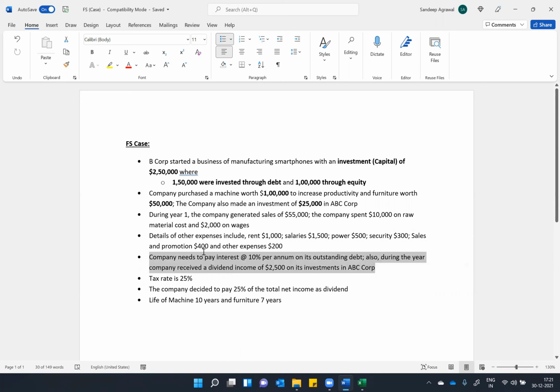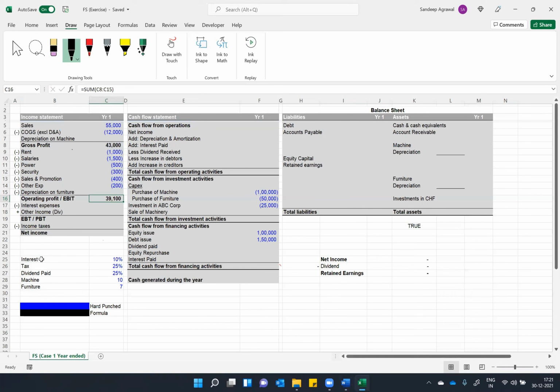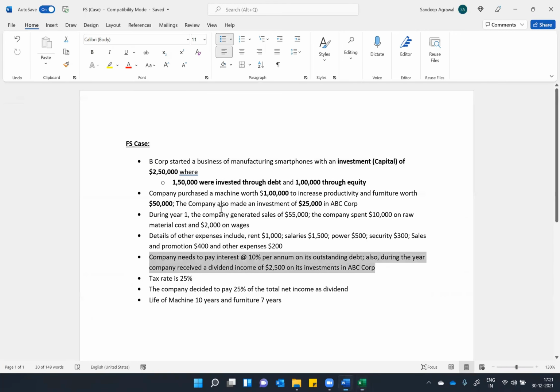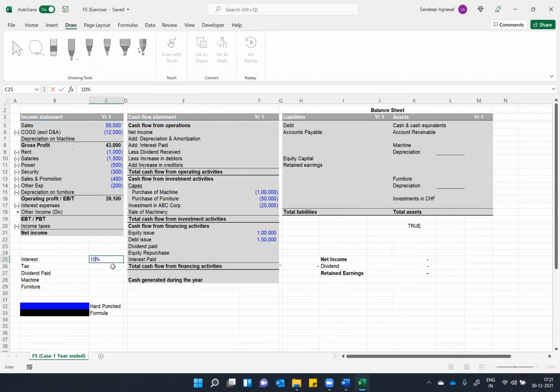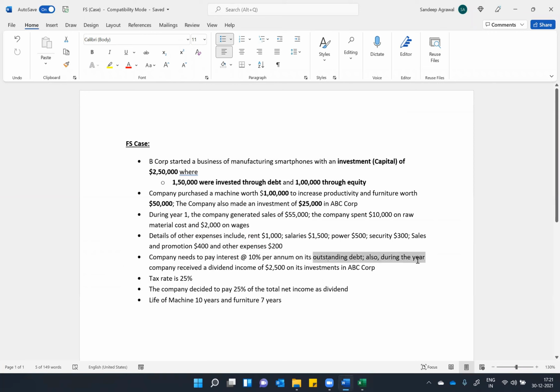Next, the company needs to pay an interest of 10% per annum on its outstanding debt. So I have just laid out some of the numbers. Let me write one by one. So they need to pay interest at 10%, so I will write 10%. The company received a dividend income of 2,500 on ABC.